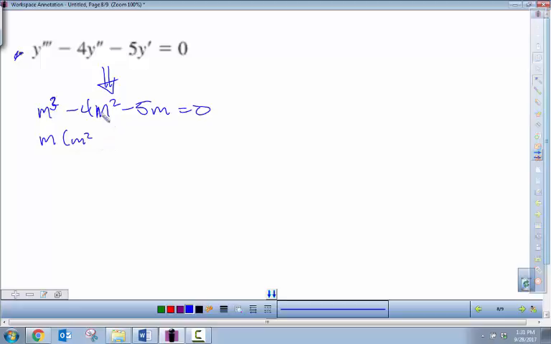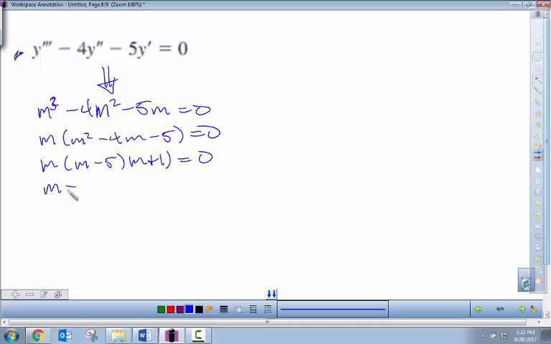We can reduce it by one level, taking the m out, and then I think this will factor also, I hope: m minus 5 and then m plus 1.